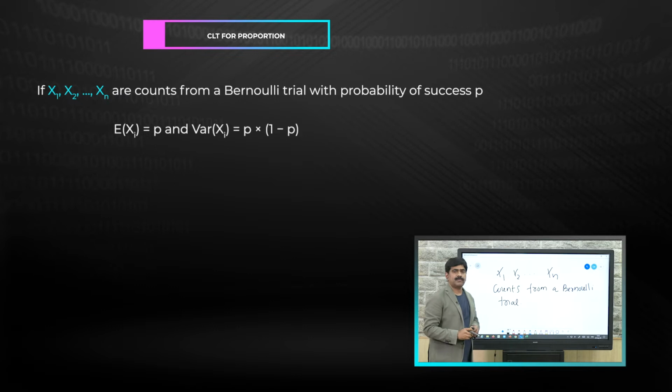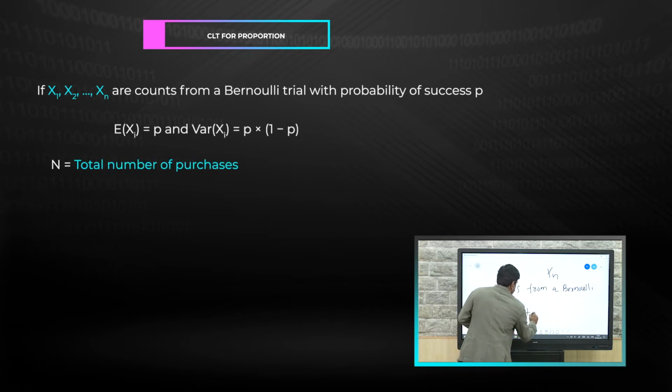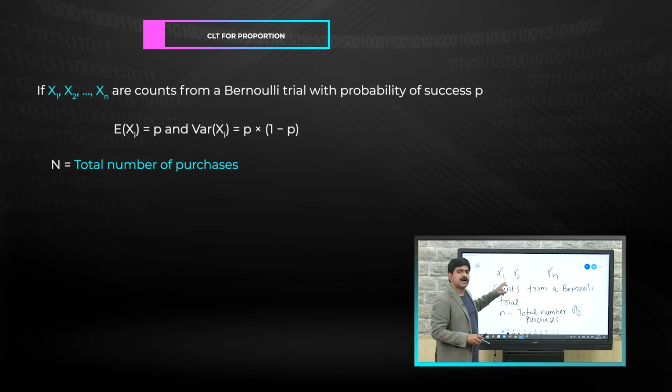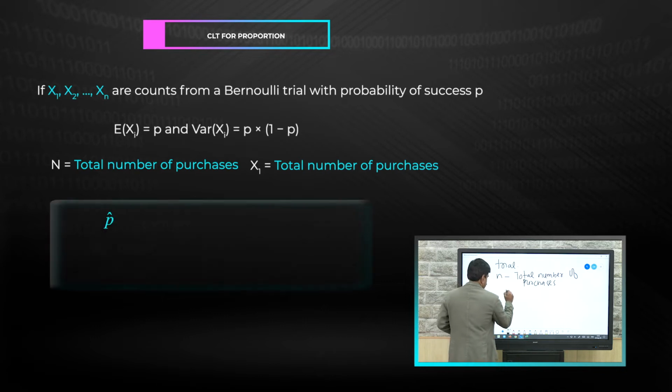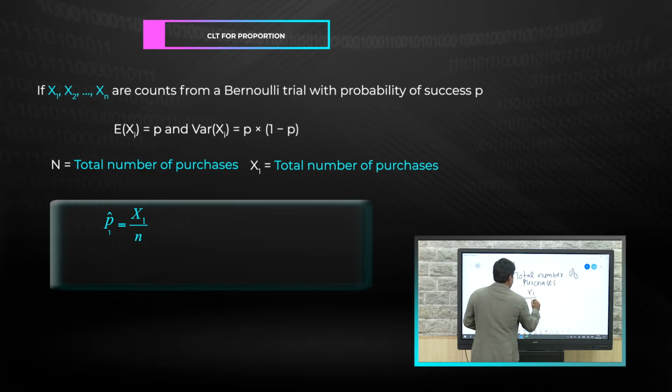Let us take an example of returns by customers from an e-commerce portal. Let us say n is the total number of purchases and let x1 be the number of returns. That means the estimated proportion of returns, that is P1 hat, from the first sample, what proportion of them is returned, will be x1 divided by n.